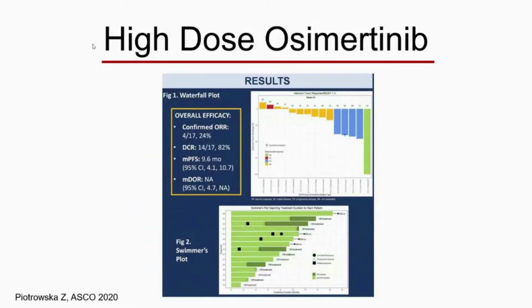There have been recent strategies of trying to take osimertinib, for example, and see if osimertinib is able to overcome exon 20 mutations. This is data presented by my colleague, Dr. Piotrowska, at ASCO last year. Importantly, they didn't use the standard dose osimertinib here.